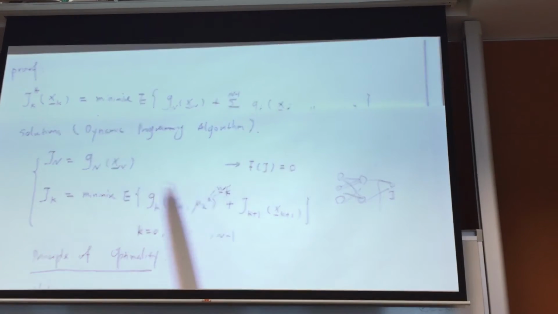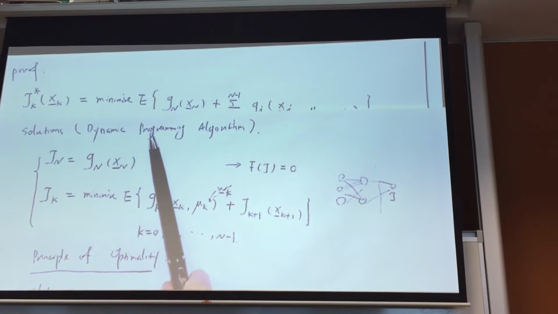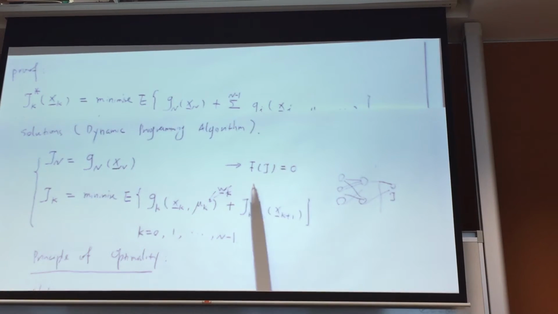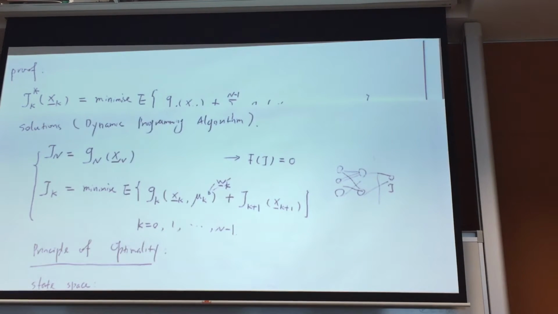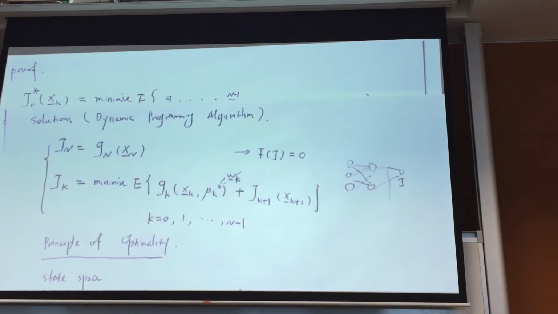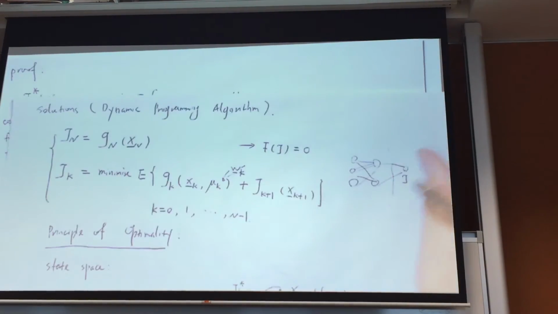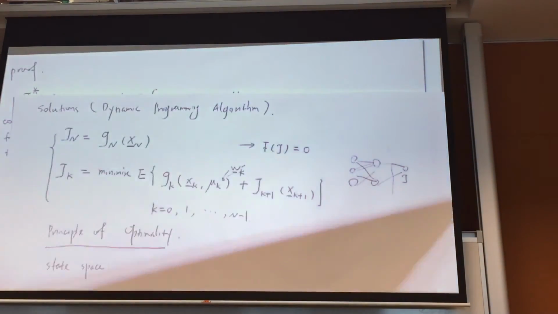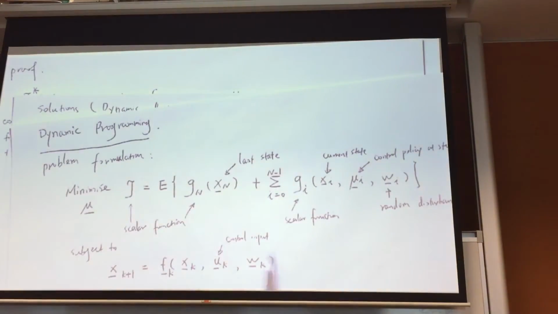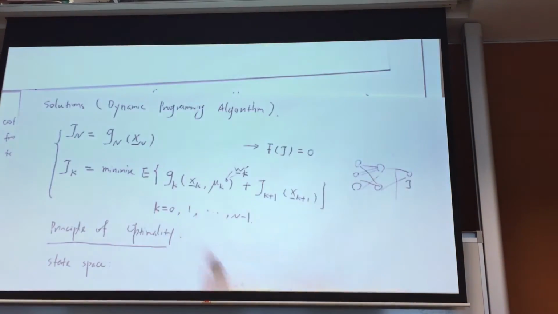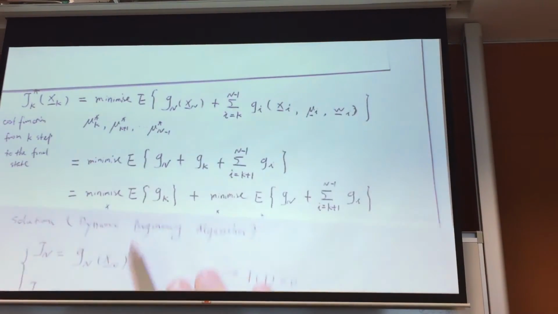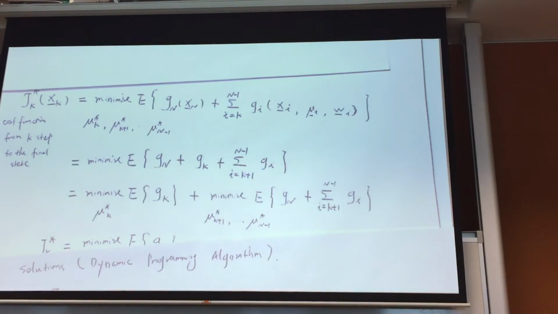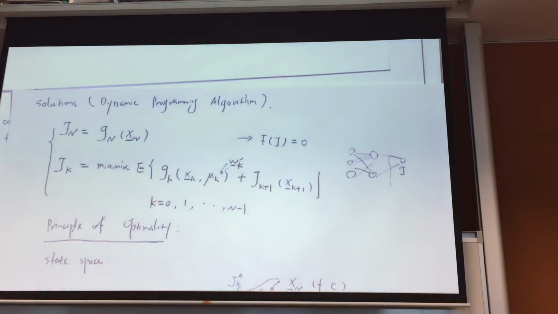So this is known as dynamic programming, I would say backward dynamic programming. So here are the problem formulation and these are the algorithms. And we also provide a simple proof for the algorithm.